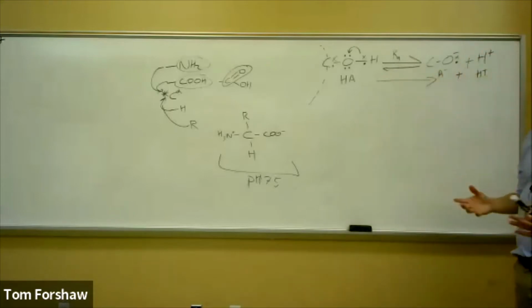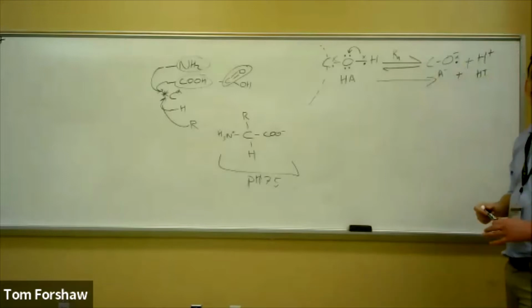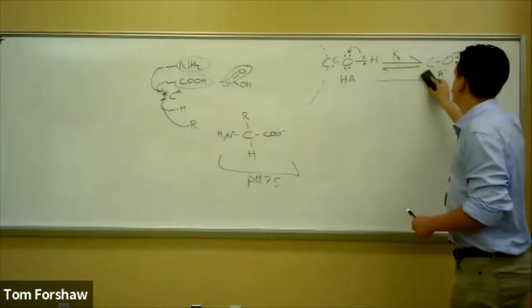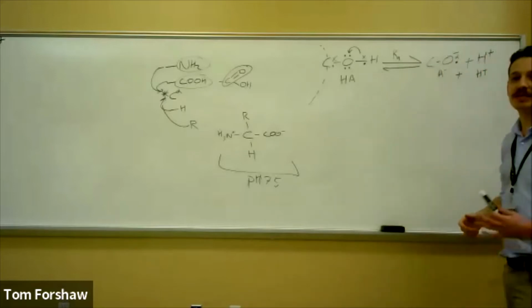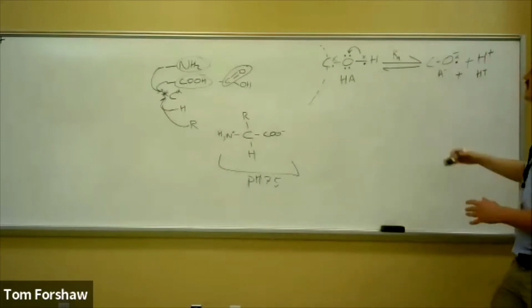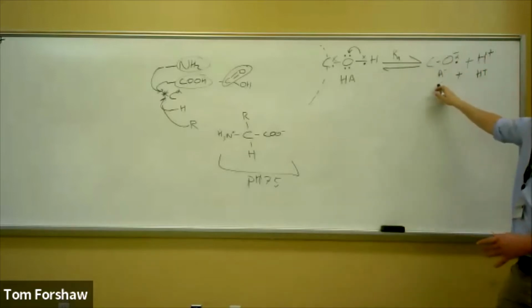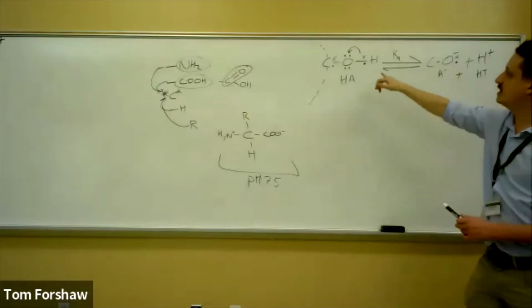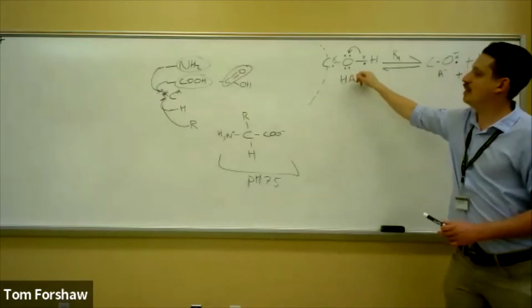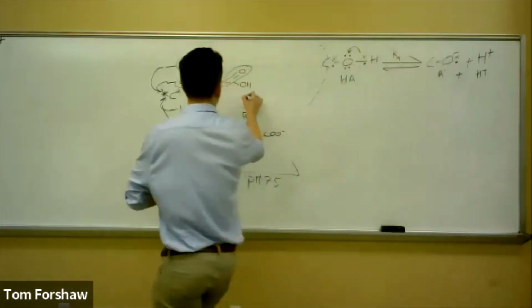But it has the capacity to do so, and so it's known as the conjugate base. But it won't if the equilibrium doesn't dictate it. And this group here is what I'm describing with this carboxylic acid.